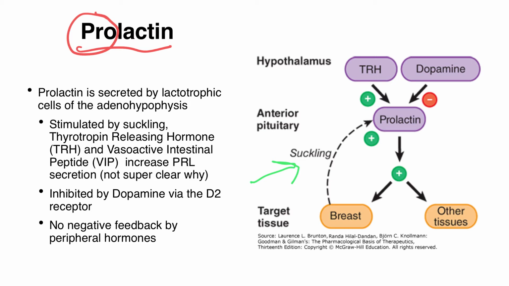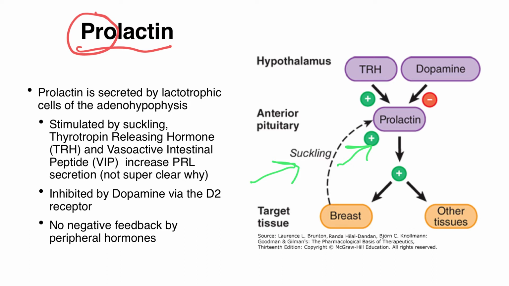Any kind of activity at the level of the nipple will stimulate through mechanoreceptors a feed-forward mechanism to the brain to increase secretion of prolactin. Because that's a mechanical type of stimuli, suckling turns it on. That also means when suckling stops, that's one of the strongest mechanisms to turn off prolactin secretion.